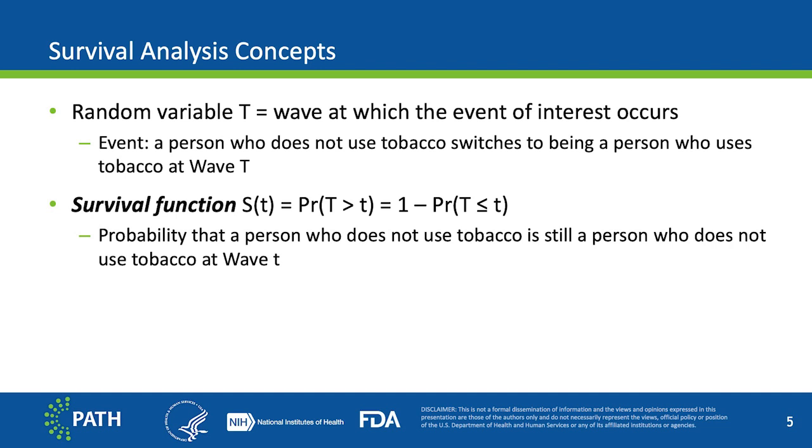You can also write this as 1 minus the probability that capital T happens before time little t. That's the cumulative distribution function, or the failure function. So the survival function is 1 minus the failure function. They're really equivalent, but people typically think of survival function.